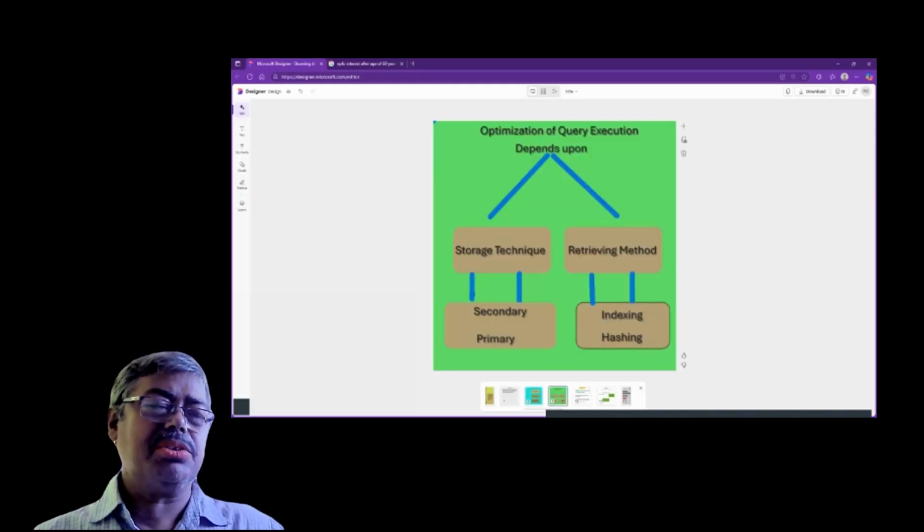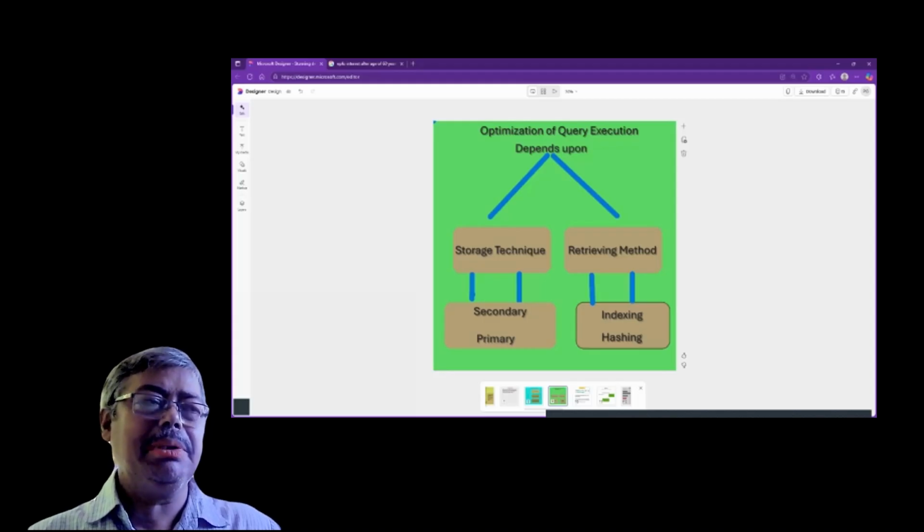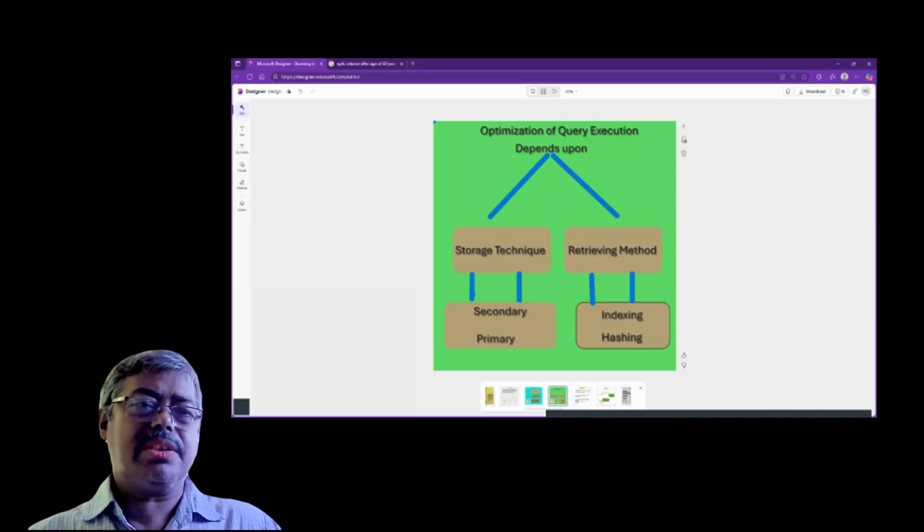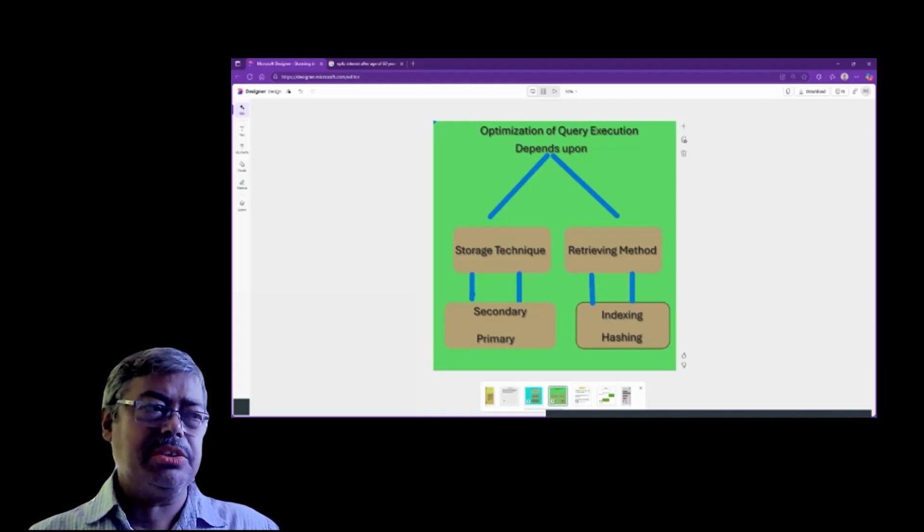Optimization of query execution depends upon the storage technique and also the retrieving methods. Storage techniques are mainly two parts, secondary and primary. We know that secondary memory capacity is greater than primary memory capacity, and its speed is also less, but its storage capacity is huge.